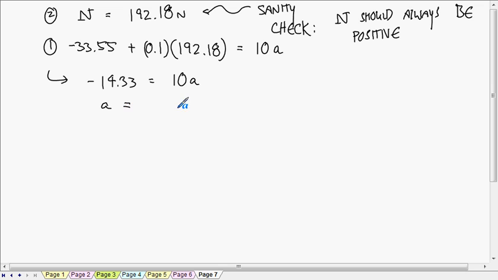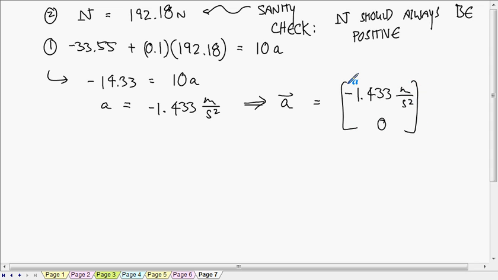So a is equal to negative 1.433 meters per second squared. And so the acceleration vector is negative 1.433 meters per second squared, 0.